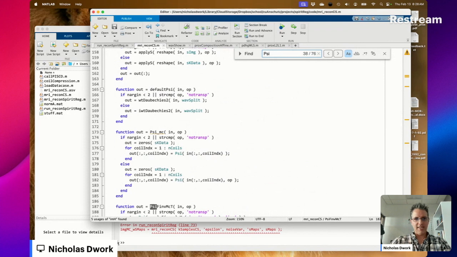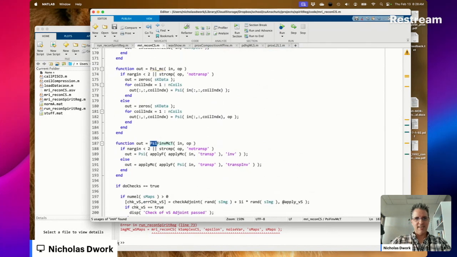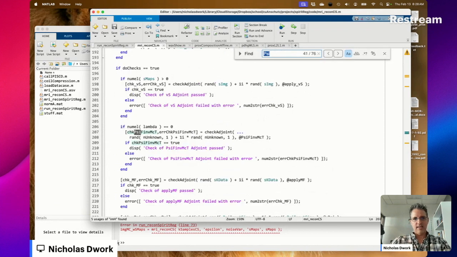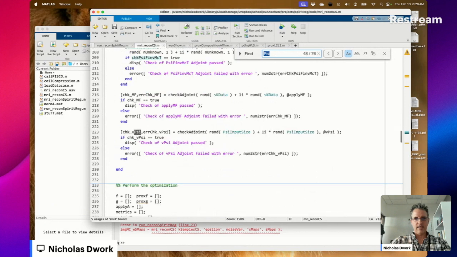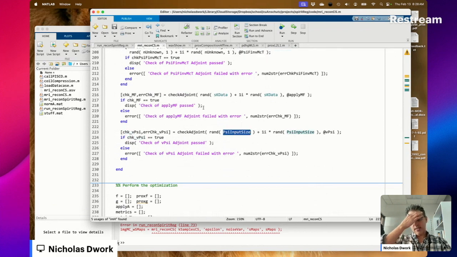Where does psi get used? V psi. So now psi input size. What is V psi?